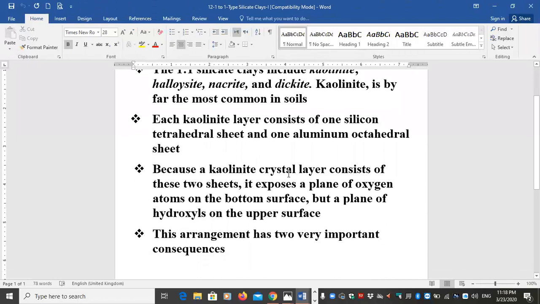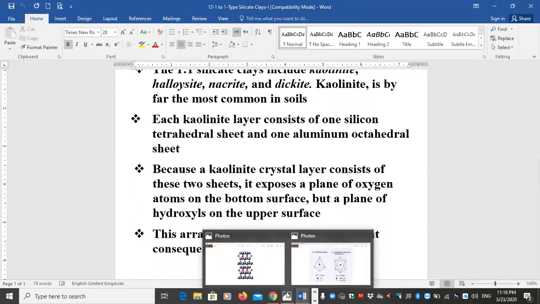Because a kaolinite crystal layer consists of these two sheets, it exposes a plane of oxygen atoms on the bottom surface, but a plane of hydroxyls on the upper surface. This arrangement has two very important consequences.